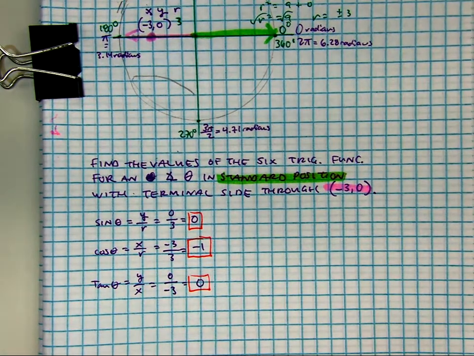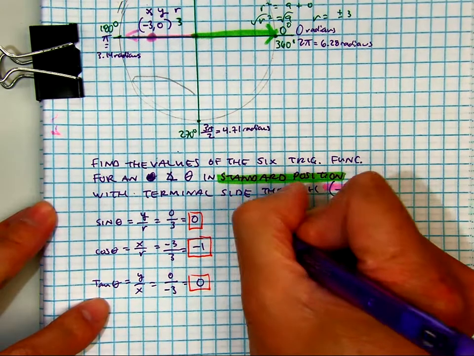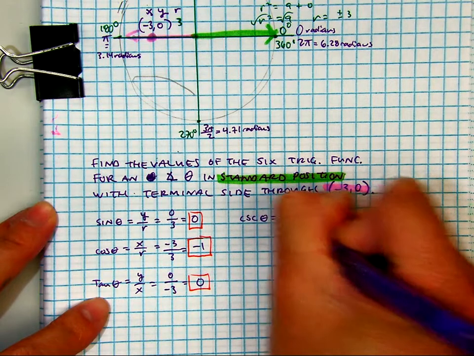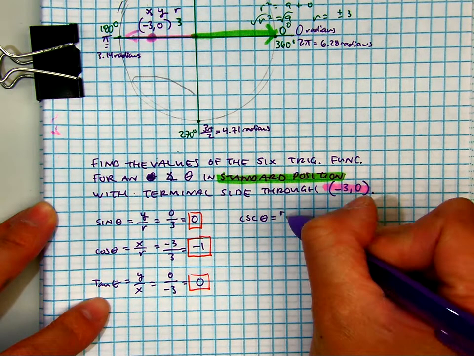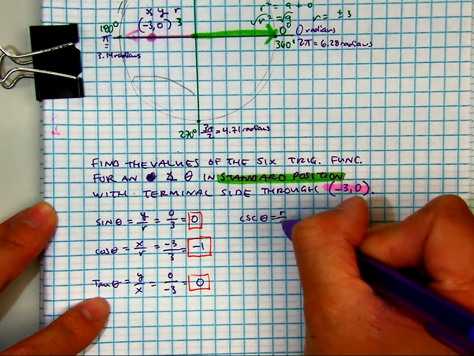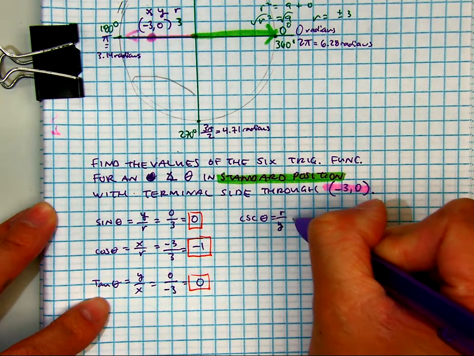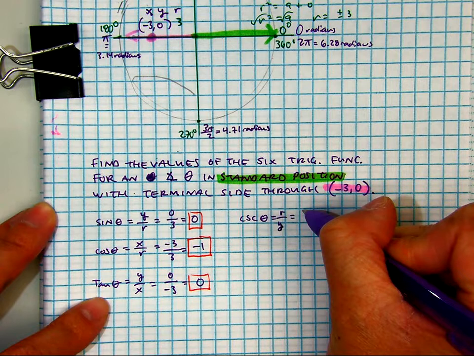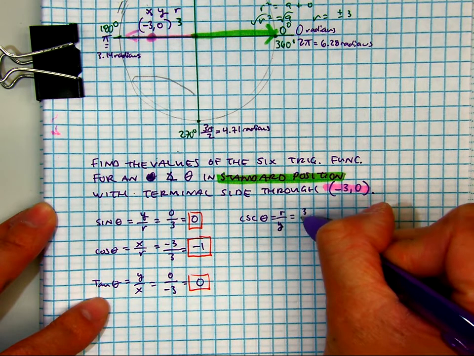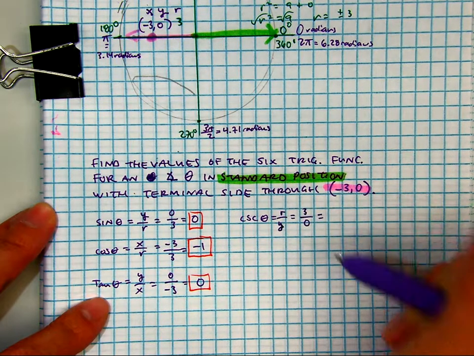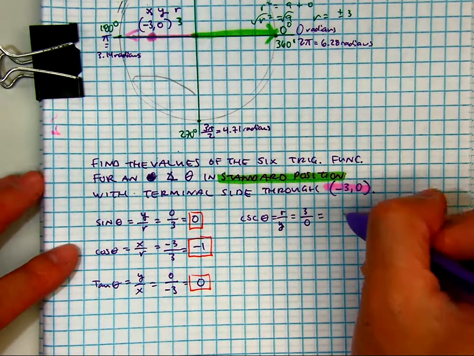Cosecant. Correct. And class, 3 over 0 is? Undefined. Thank you.